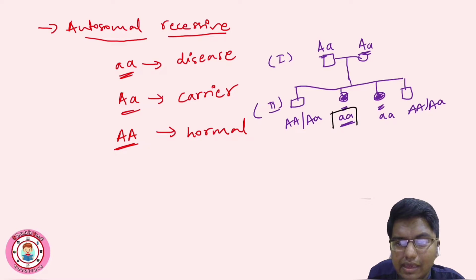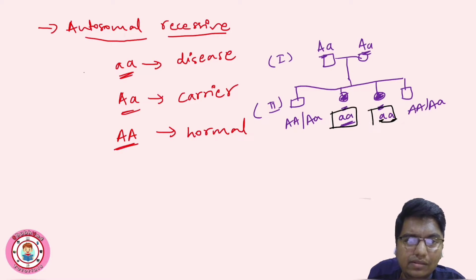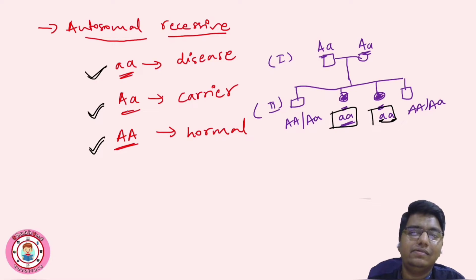Like this is aa, this is also aa. Then one a came from one parent, other from other parent, right? So likewise we want to understand, okay? So this a will be disease, this whole thing we want to remember, that's it. From that we can understand, right?